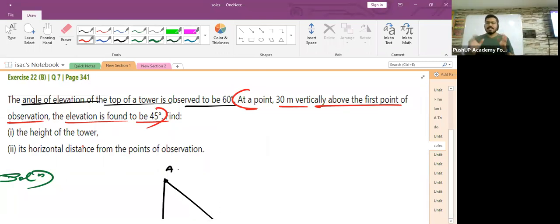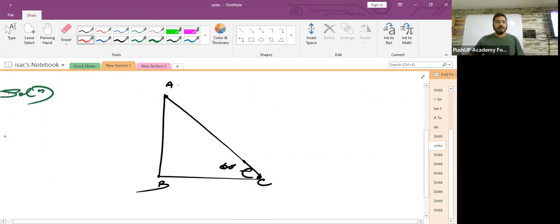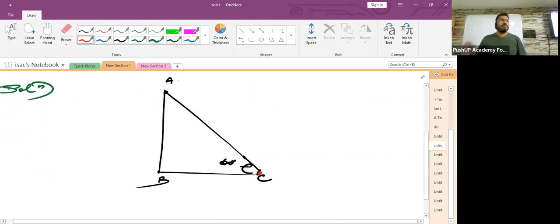Let's read that sentence once again. At a point which is 30 meter vertically above of whom? The first point of observation. Where was the first point of observation? It was at point C, isn't it? So 30 meter vertically above point C.